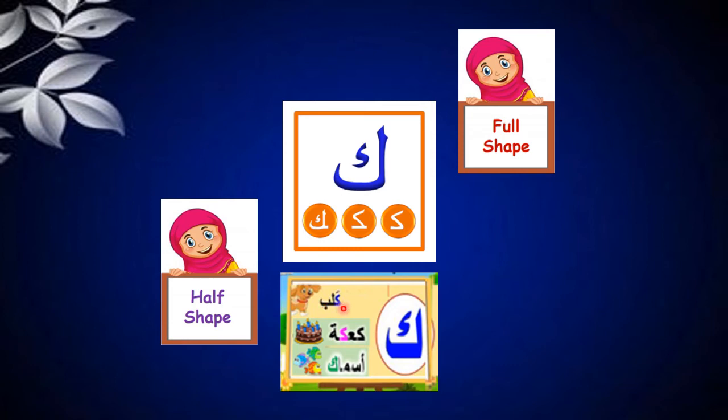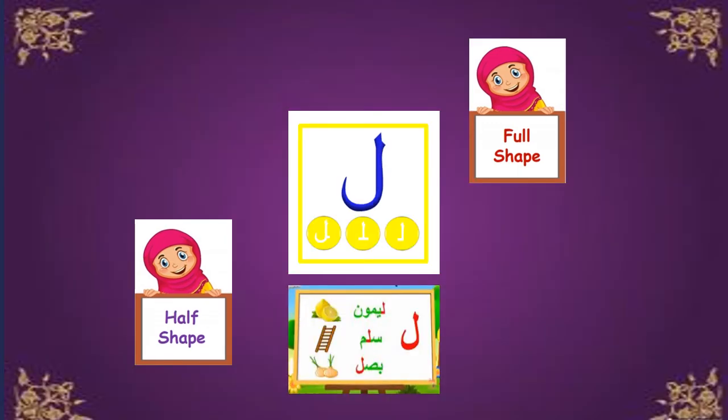This is the initial shape, this is the middle shape, and this is the final shape. Lam. This is the full shape of Lam, and it also has three proper half shapes. This is the starting shape, this is the middle shape, and this is the final shape.